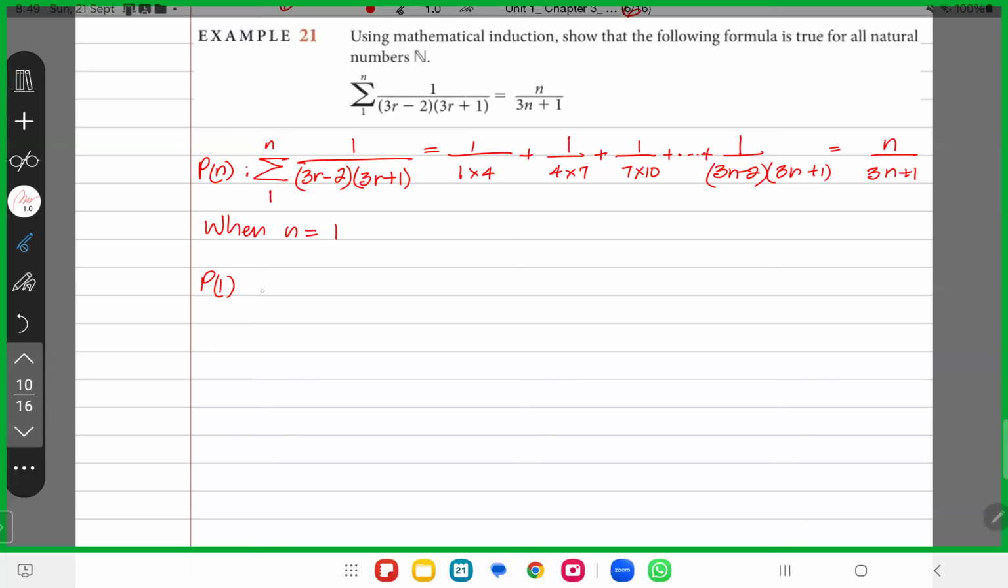When r is 1, on the left-hand side, we have 1 over 3 times 1 minus 2, 3 times 1 plus 1. This is the left-hand side. On the right-hand side, when n is 1, we get what? 1 over 3 times 1 plus 1, right-hand side.